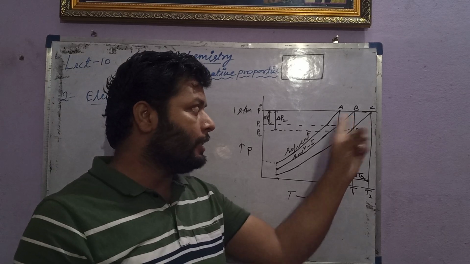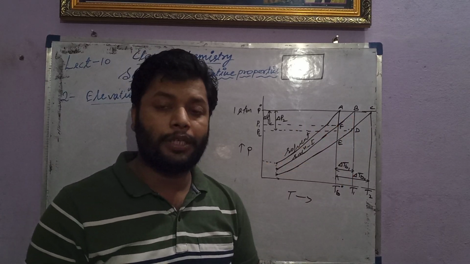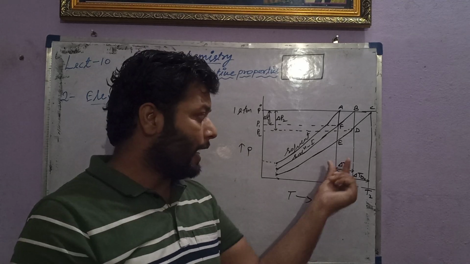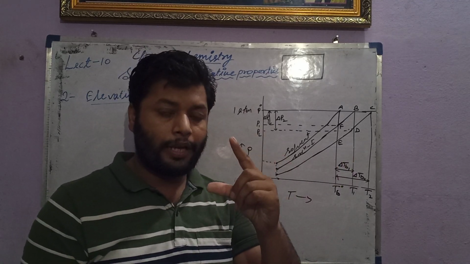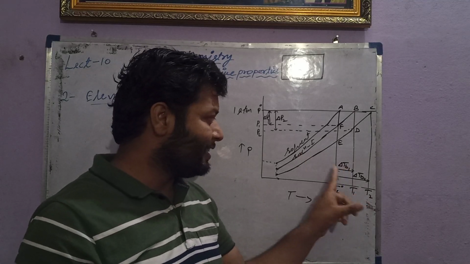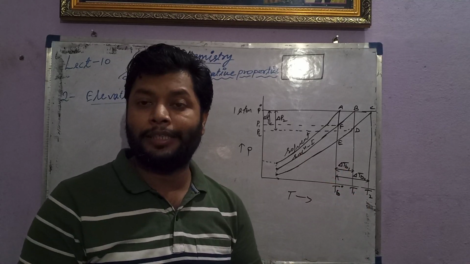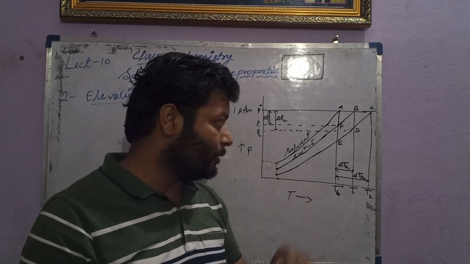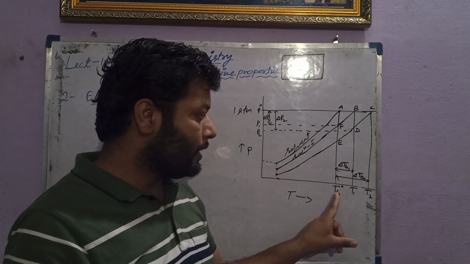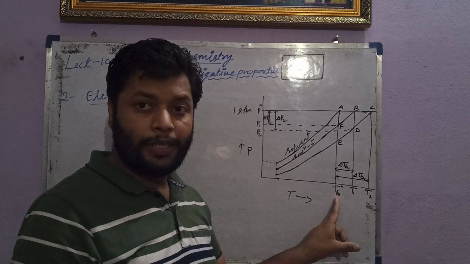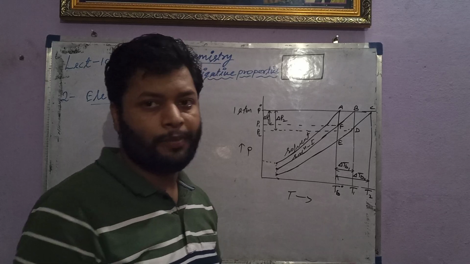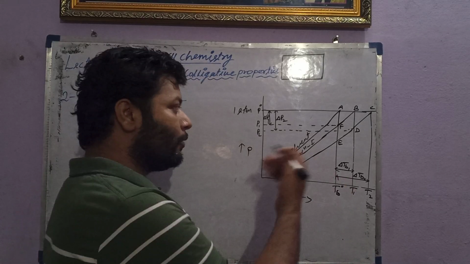That will need an extra amount of temperature to boil at a given atmospheric pressure, and that extra temperature is called elevation of boiling point. In the first situation the elevation of boiling point is delta TB1, in the second situation it is delta TB2. So delta TB1 equals T1 minus TB naught, and delta TB2 equals T2 minus TB naught.